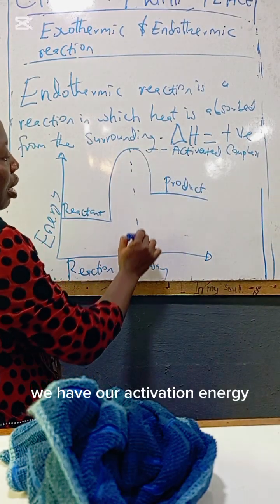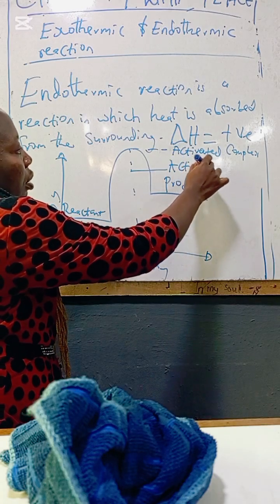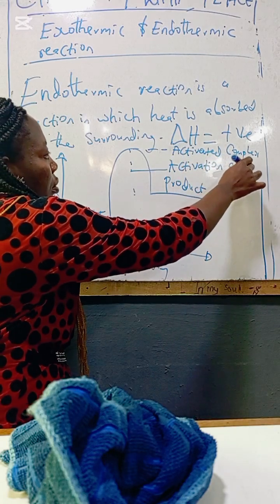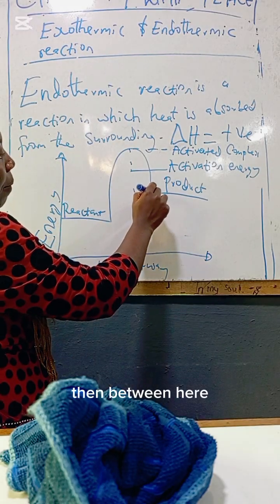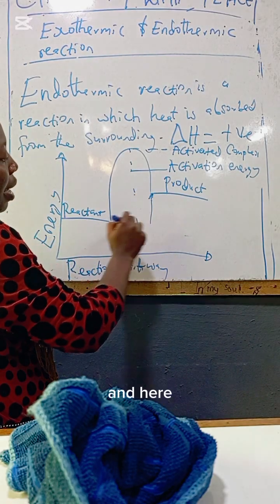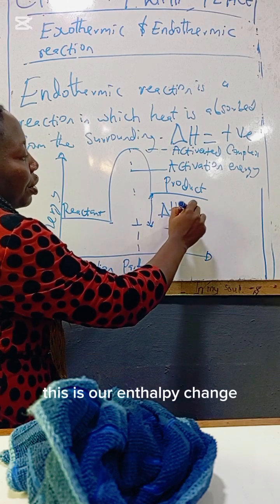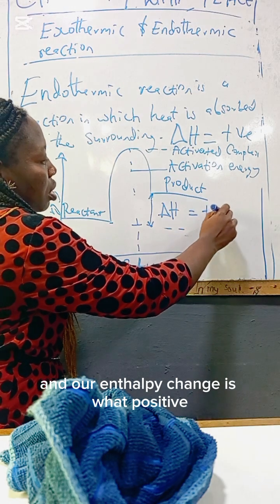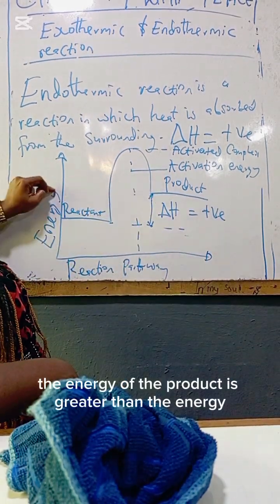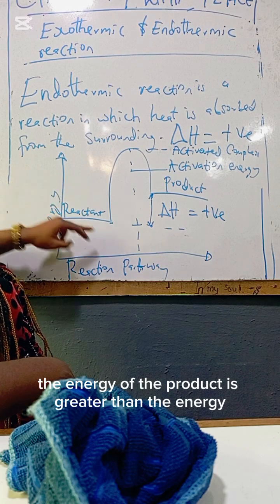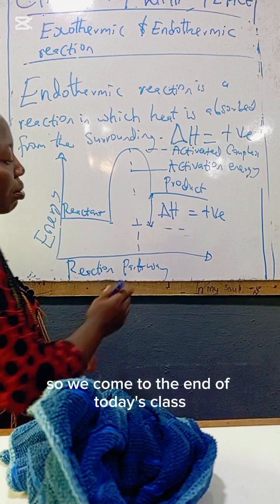We have our activation energy. Then between here and here, this is our enthalpy change, and our enthalpy change is what? Positive. So if you look at it, you see that the energy of the product is greater than the energy of the reactant. So we come to the end of today's class.